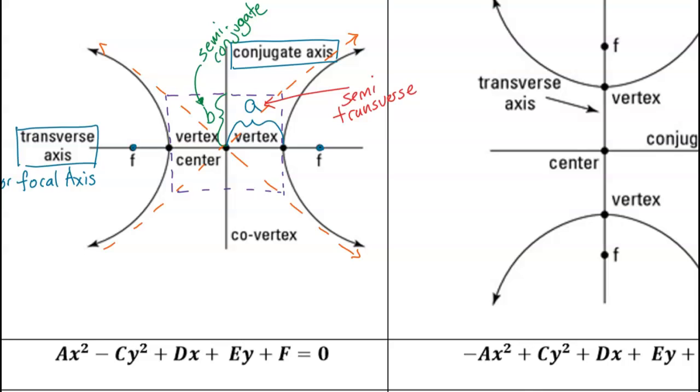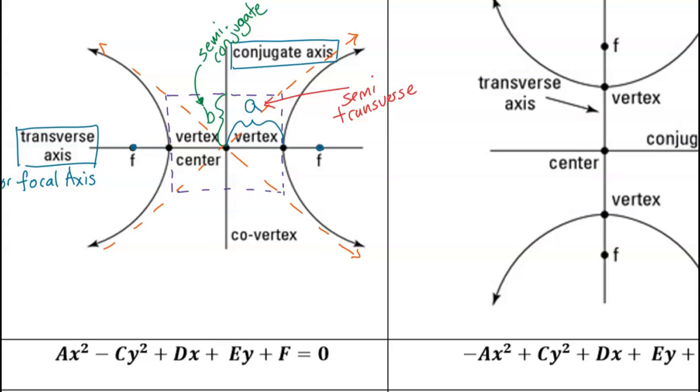So again, the B value doesn't necessarily really go to a point on your hyperbola. It goes to the edge of an abstract box created by your asymptotes and your vertices.